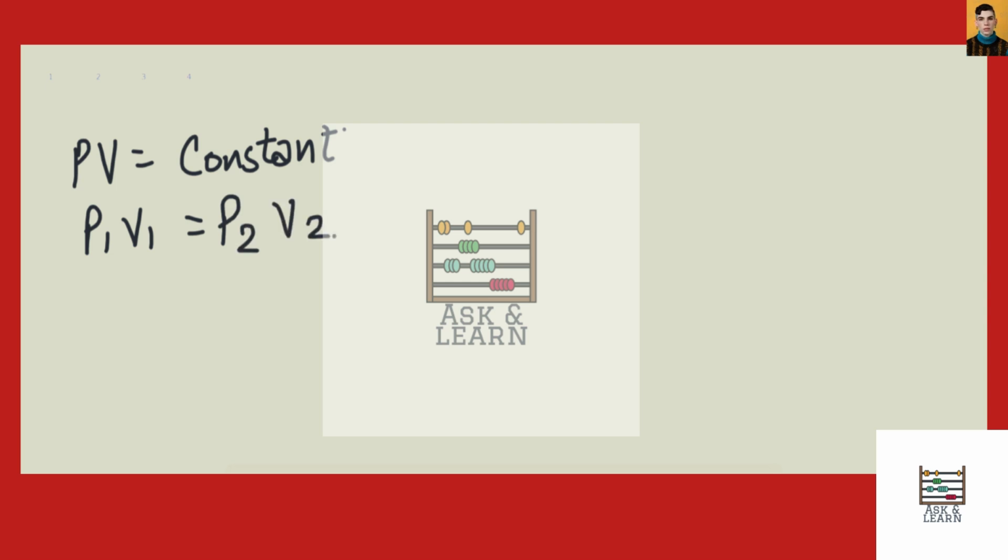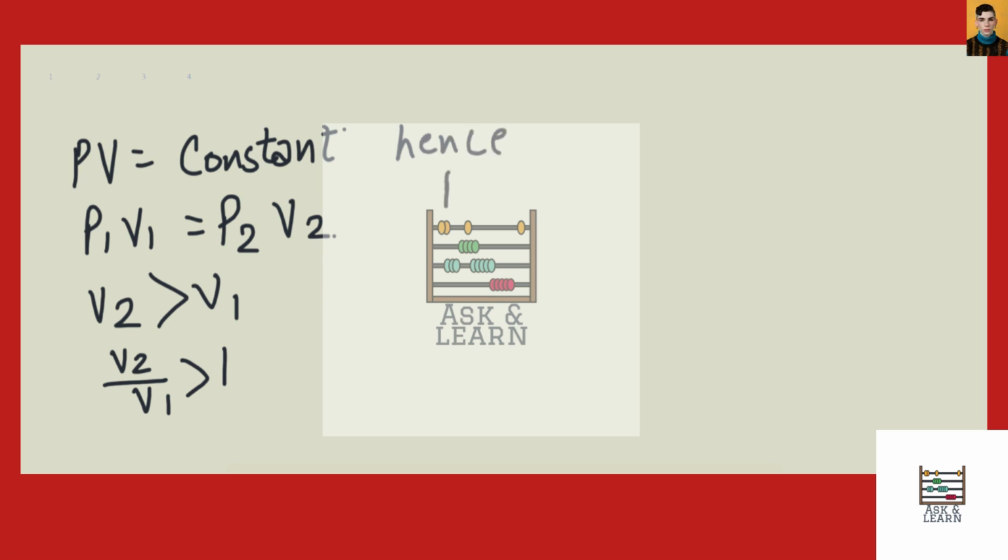For an increase in volume, the new volume will be higher than the first volume, or V2 divided by V1 is greater than 1. Hence, the value of P1 divided by P2 will also be greater than 1.